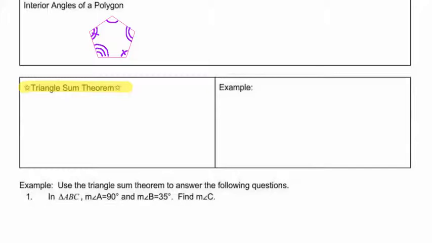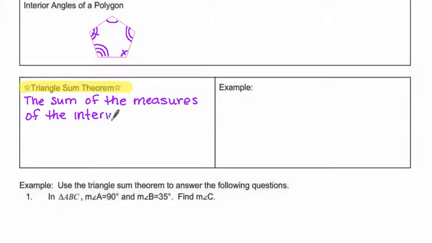The triangle sum theorem simply says the sum of the measures, and there's that sum word again, the sum of the measures of the interior angles of a triangle is 180 degrees.